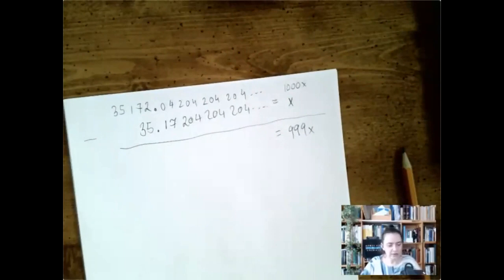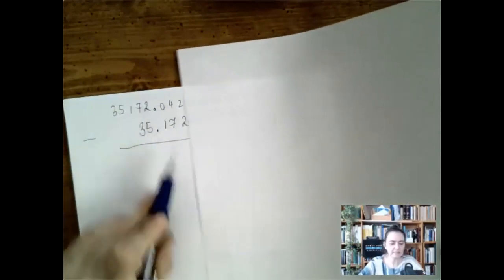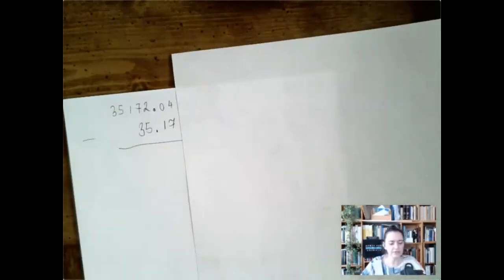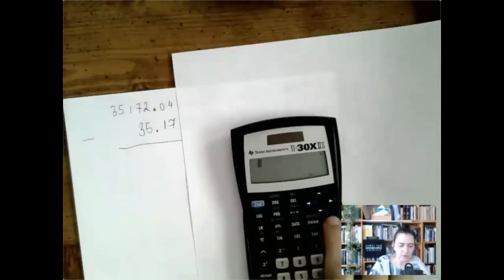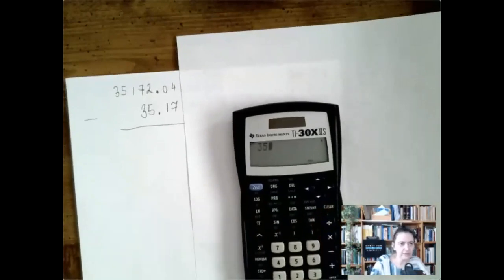And now, this is the decimal subtraction here. You see, when they are equal, that's 0, 0, 0. So this is what you want to write into your calculator or with the paper. I know you guys are pretty good with paper, actually. 35,172.04 minus 35.17.